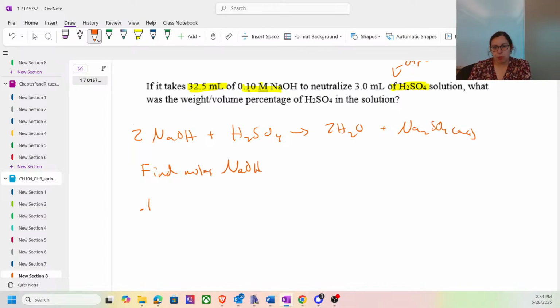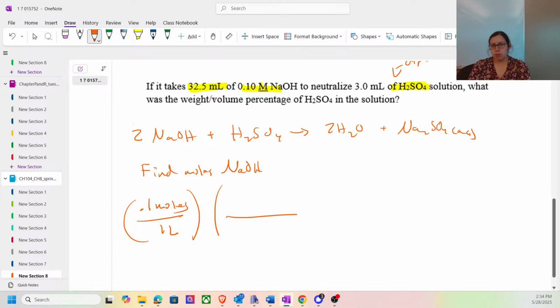So again, I'm going to rewrite this as moles per liter. And then we can multiply it by our volume in liters, so 0.0325, to give us moles.